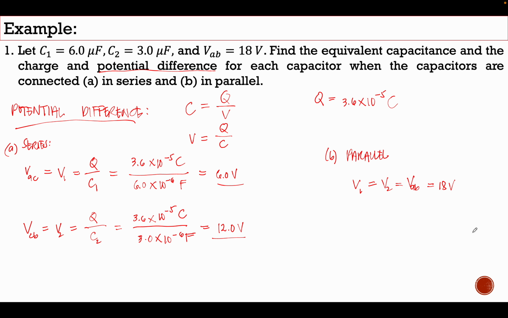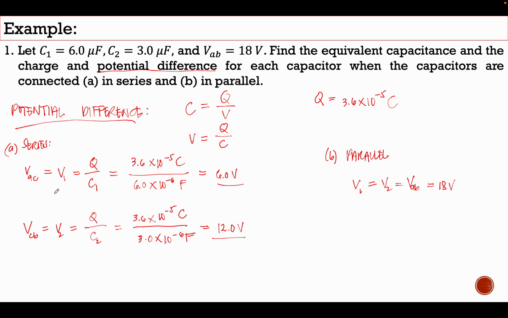So the potential difference across these two capacitors, if our capacitors are in parallel, is the same, which is 18 volts. So this is how we would solve for the equivalent capacitance, the charge, as well as the potential difference if our capacitors were connected in series and in parallel. Okay, so that's for example number 1.